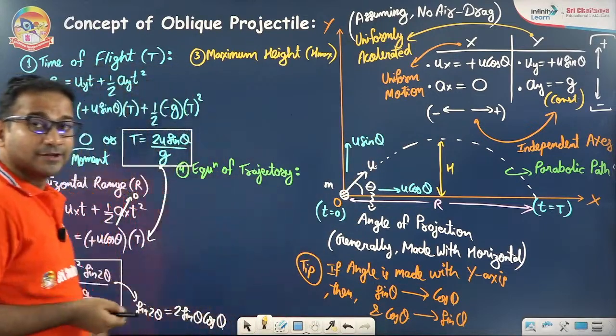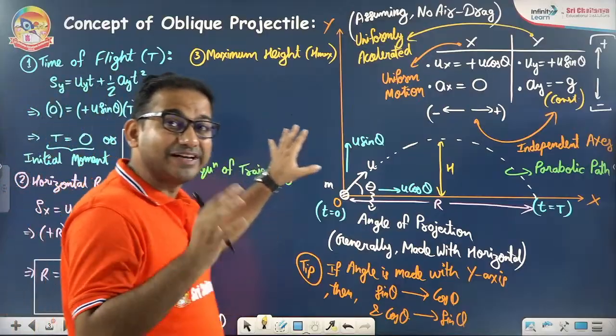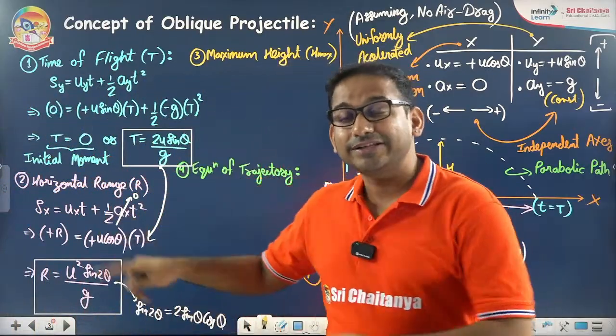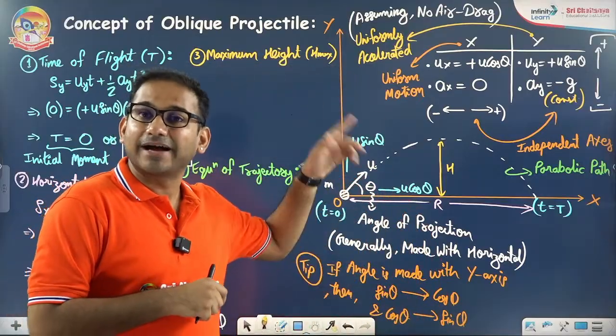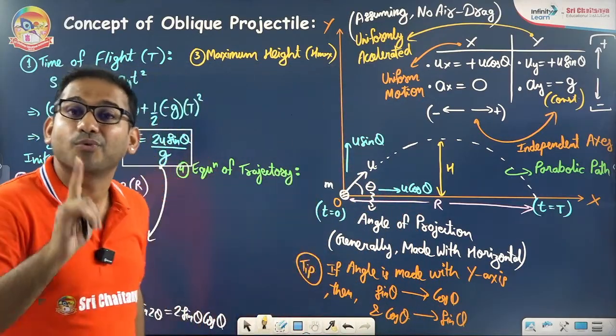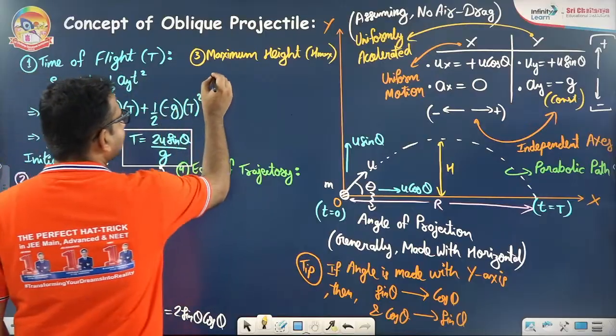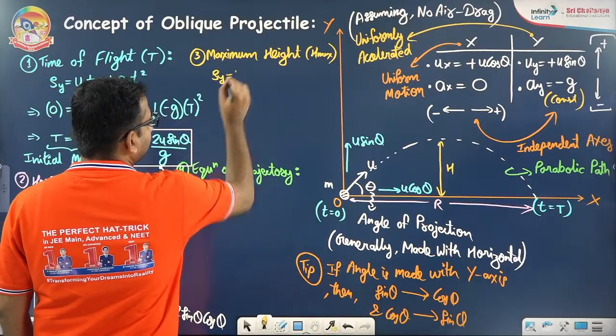During the time of flight discussion, we talked about the y-axis. During the horizontal range discussion, we talked about the x-axis. During the maximum height discussion, again, we have to talk about the y-axis.